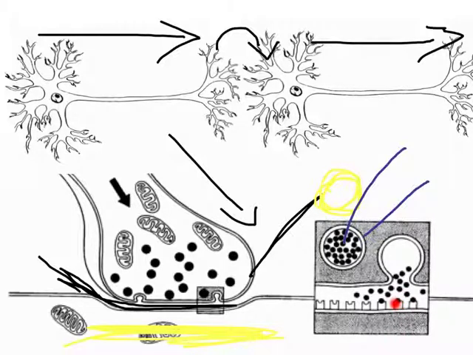Enzymes are going to break apart the neurotransmitters so that further signals can be passed on. And then the neurotransmitters are going to be reabsorbed by the presynaptic membrane. Presynaptic, postsynaptic, before, after synapse. So step 7, enzymes will break apart or cleave the neurotransmitters, and the presynaptic neuron will reabsorb them through active transport.